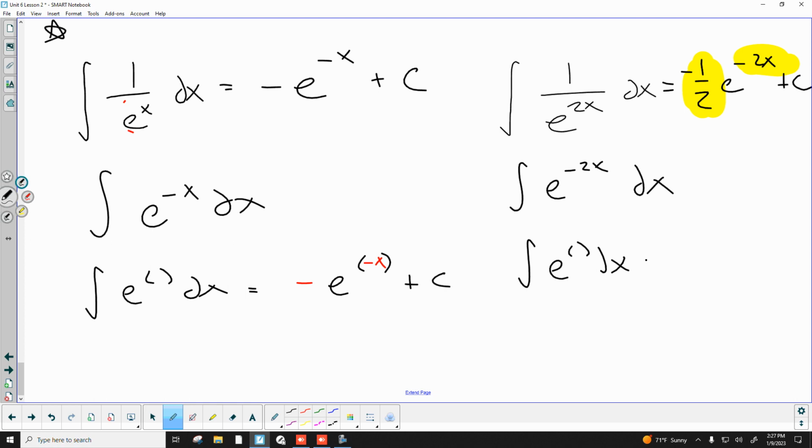Antiderivative of e to the parentheses is e to the parentheses. What's inside the parentheses? Negative 2x. Negative 2x, I need a negative 1/2. All right, you will see this on your test.